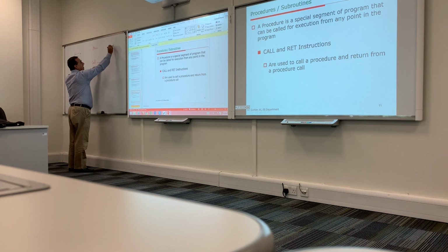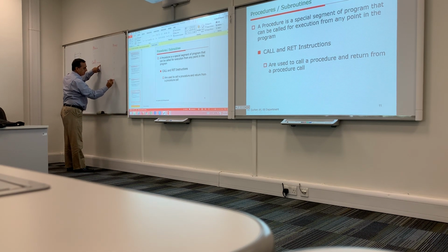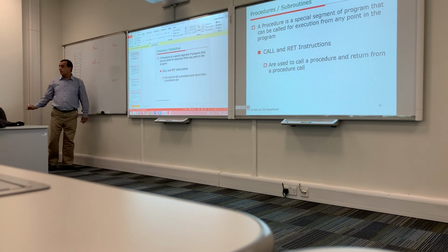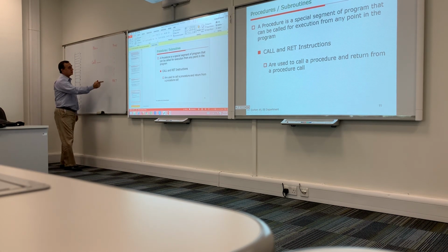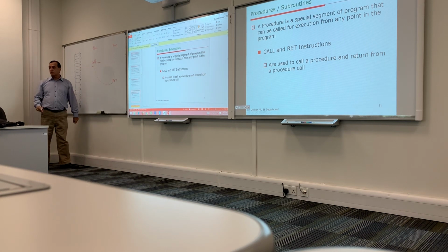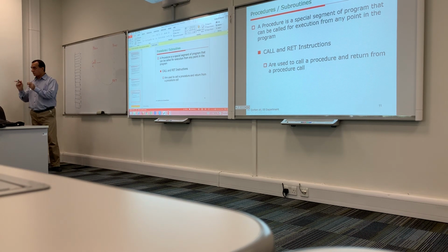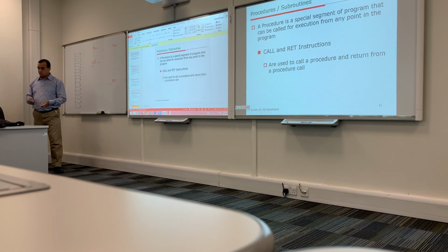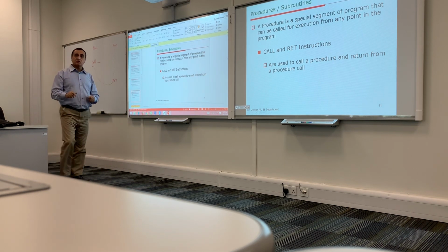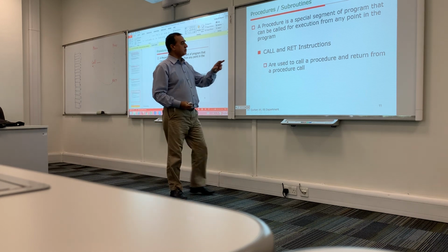In the procedure, the last instruction is always RET, which means return to the main program. So call and return is the structure of the procedure. Call is used in the main program, return is used in the procedure.